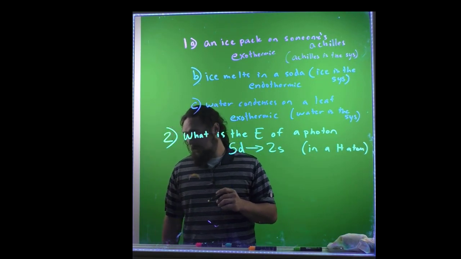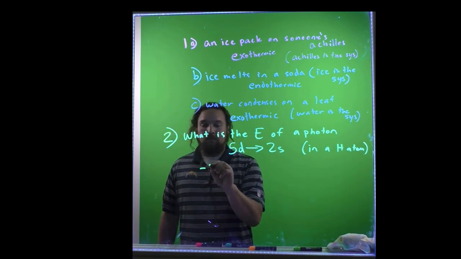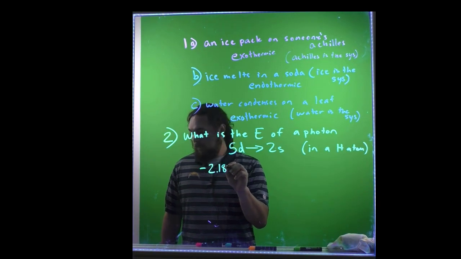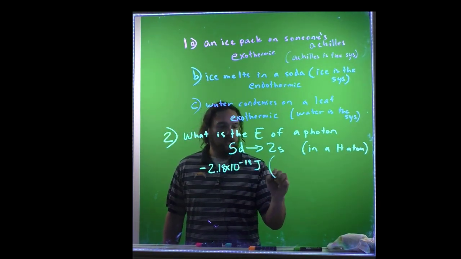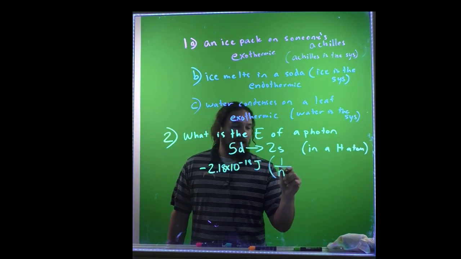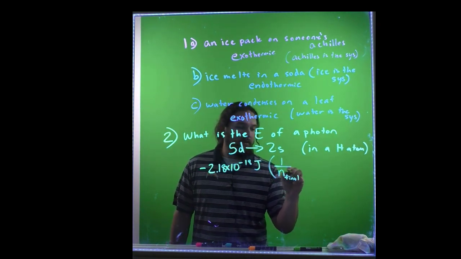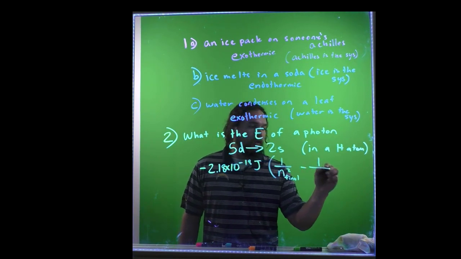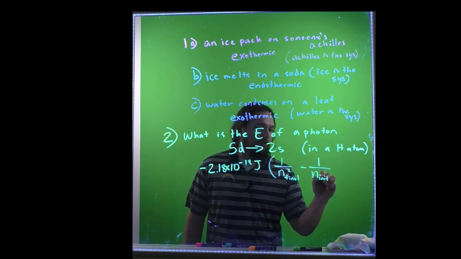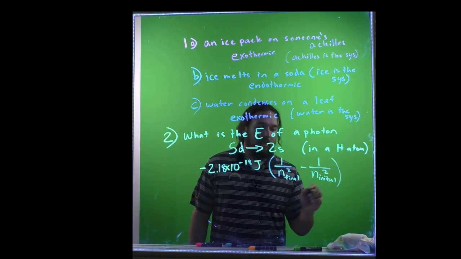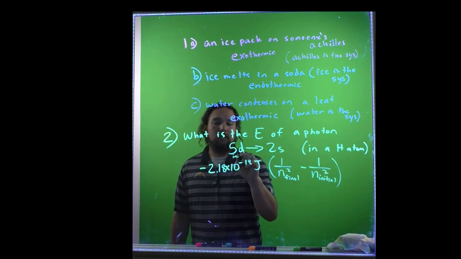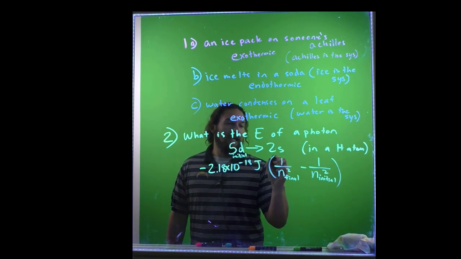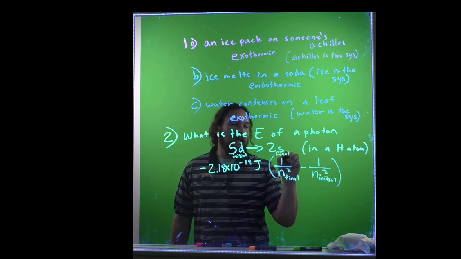So what we'll use is the equation negative 2.18 times 10 to the negative 18 joules times 1 over n final squared minus 1 over n initial squared. Okay, so the only thing we have to think of is this is initial. It starts off at 5d and it ends up at 2s.